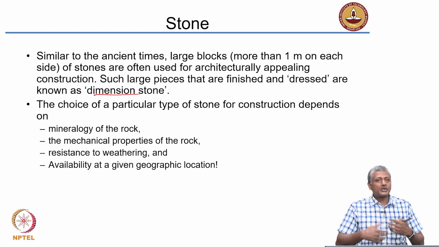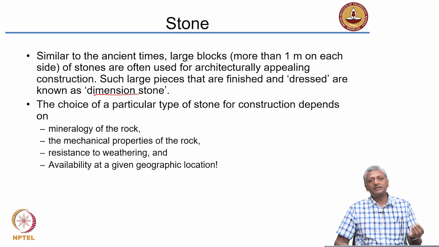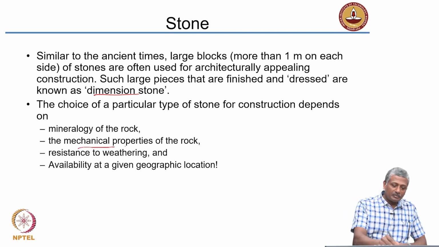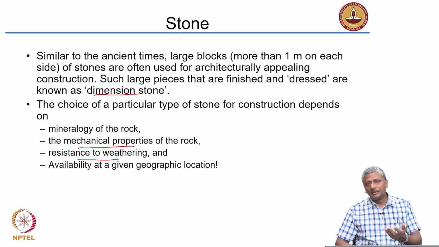But nevertheless, you also have to be concerned about the engineering properties made possible by the specific mineralogy of the rock. The other mechanical properties and resistance to weathering are obviously performance-related aspects, and those are absolutely important to ensure that you are able to build a structure that is going to last for a long time.